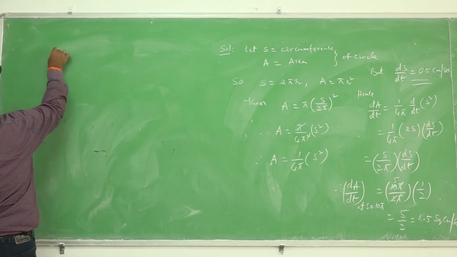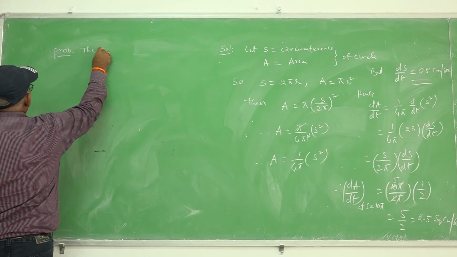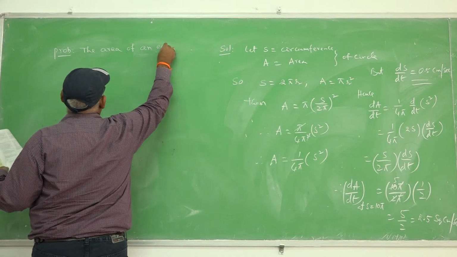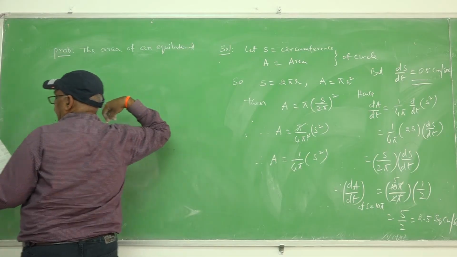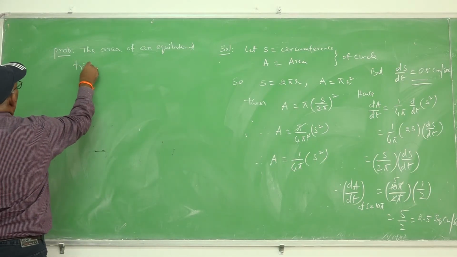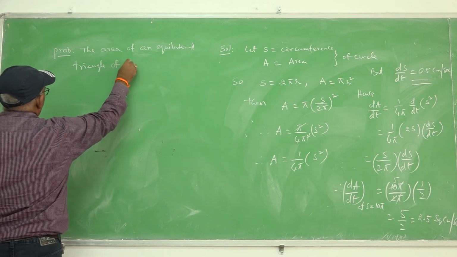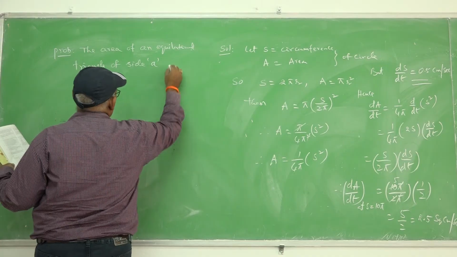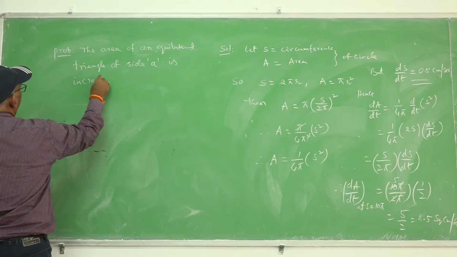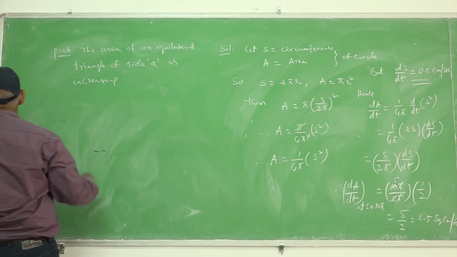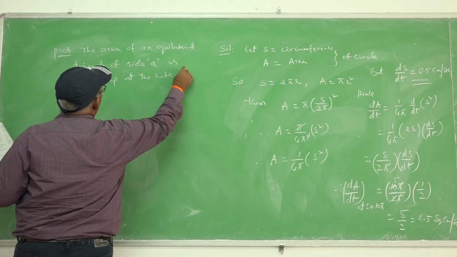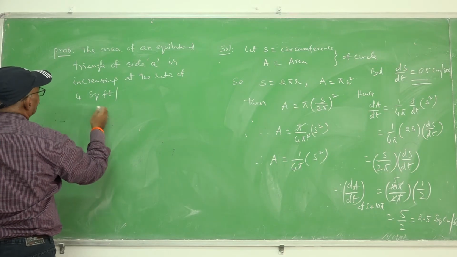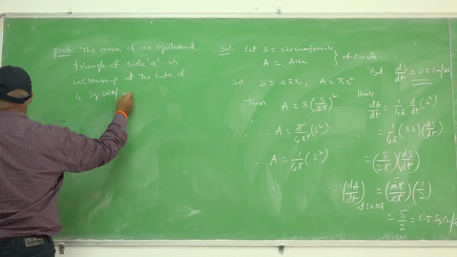Next point. The area of an equilateral triangle of side A is increasing at the rate of 4 square units per second.